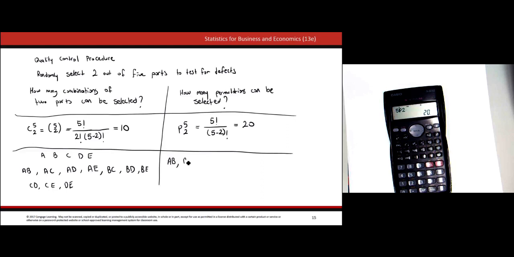So if we have AB, then we have BA, AC, CA, AD, DA, AE, EA, BC, CB, CD, DC.